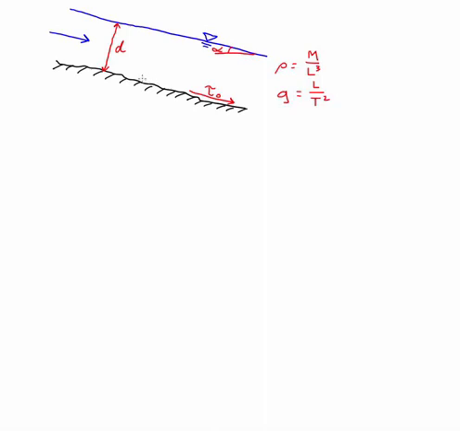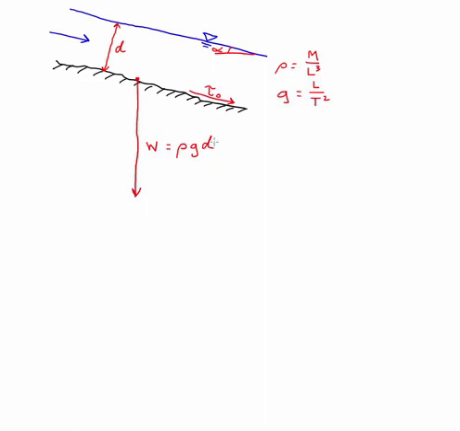But expressed more how I did in class, we were interested in what's going on right here on the bed, right? We know that acting down toward the center of the earth, like this, is the weight of the water, which in this case equals rho g d, right? We use d instead of a volume because we're looking at the weight per square meter, right?